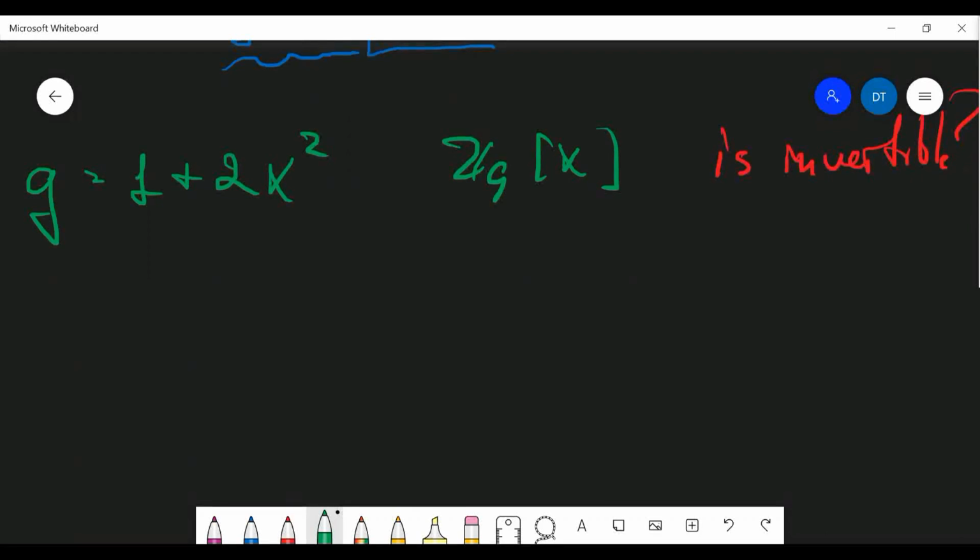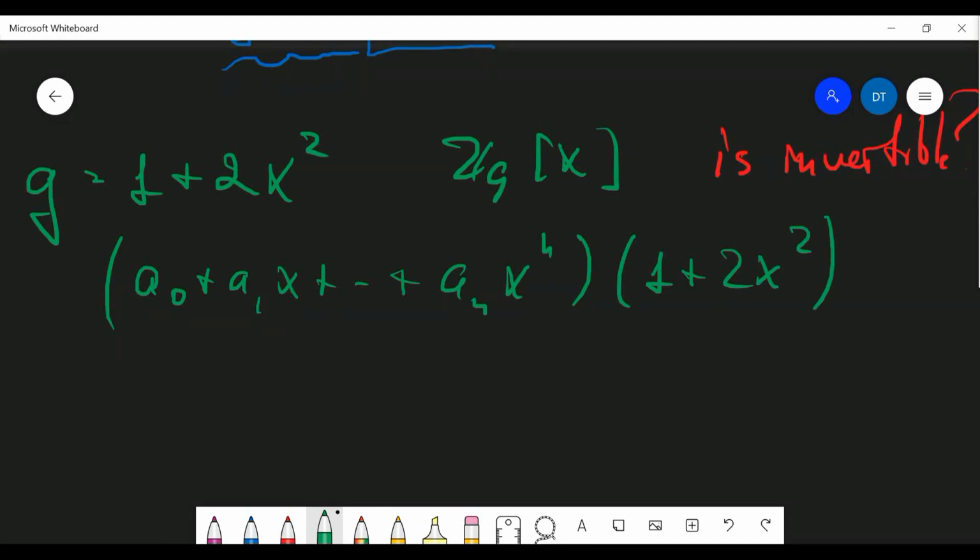Well, in general, if this guy were invertible, then there would be a polynomial. By the way, is it easy to prove or not? I'm not sure. So suppose there is an inverse to this guy. You see? And this should be 1. So this is the definition of being invertible.